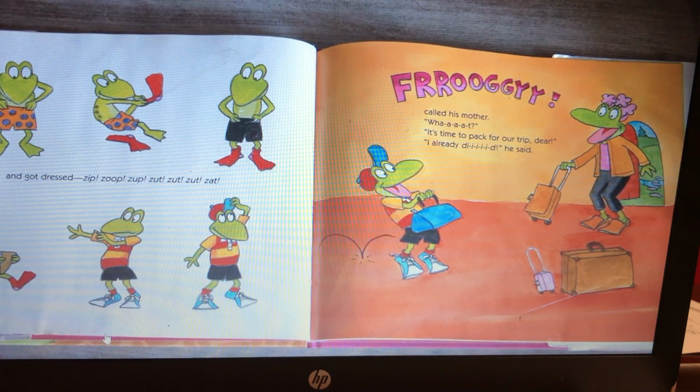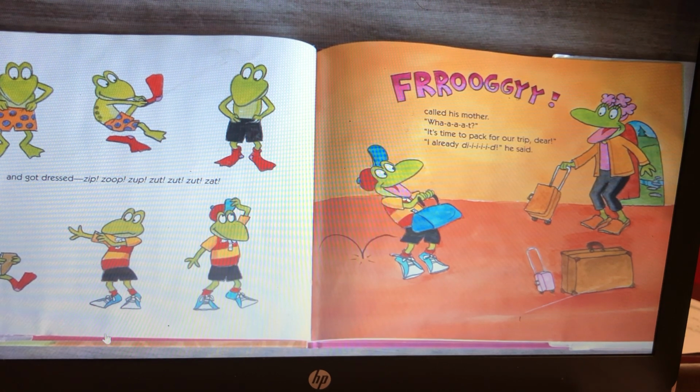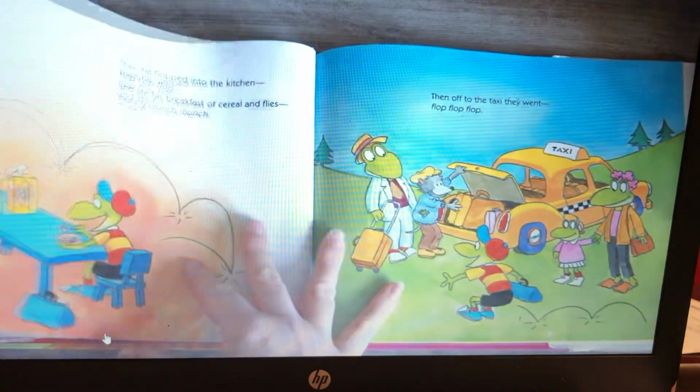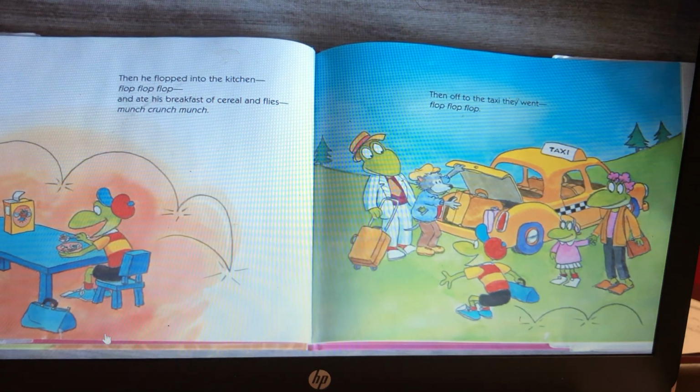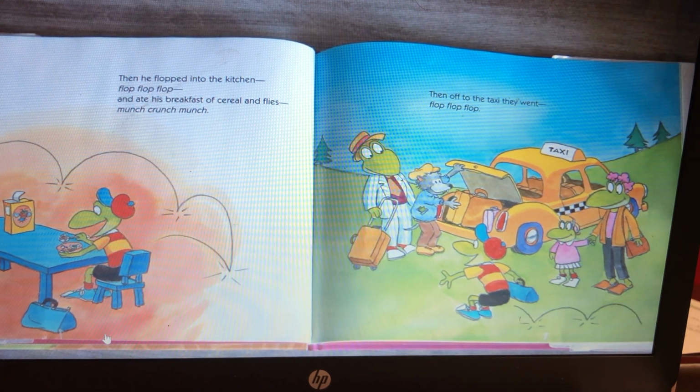Zip, zoop, zup, zut, zut, zut, zat. Froggy, called his mother. What? It's time to pack for our trip, dear. I already did, he said. Then he flopped into the kitchen, flop, flop, flop, and ate his breakfast of cereal and flies. Munch, crunch, munch. Then off to the taxi they went, flop, flop, flop.